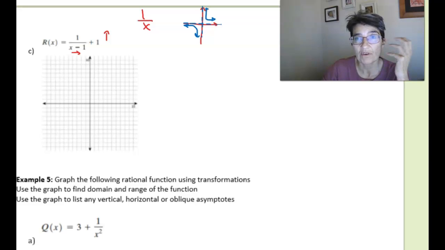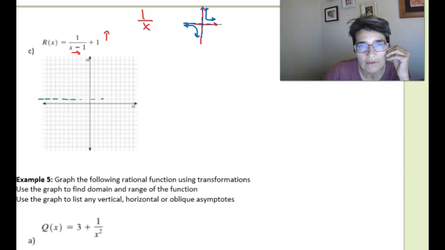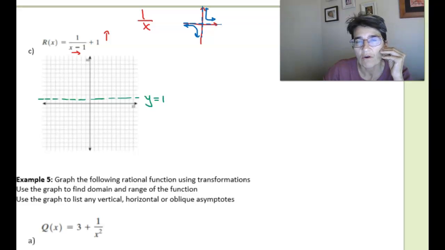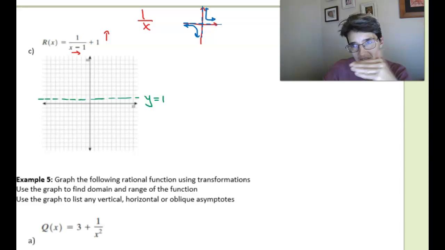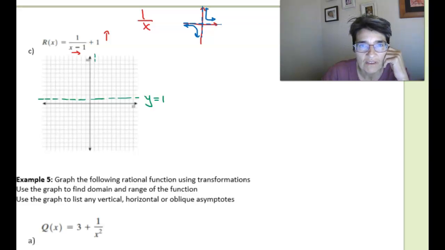We have 2 shifts now. The vertical shift is going to move the horizontal asymptote up to y equals 1. And the horizontal shift is going to the right, so that's going to move the vertical asymptote to x equals 1.